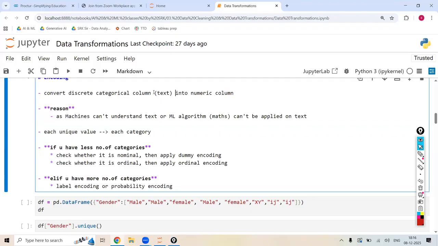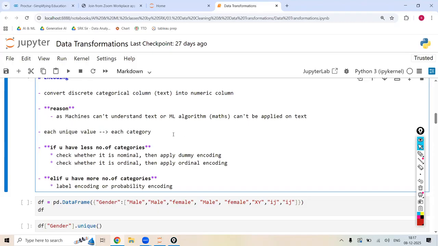Convert the discrete categorical column, which is nothing but text, into a numerical column. The reason behind that is, machines can't understand text, or in other words, an ML algorithm cannot be applied on the text, because an ML algorithm is basically maths. Maths cannot be applied on the text data; maths can be applied only on the numerical data.